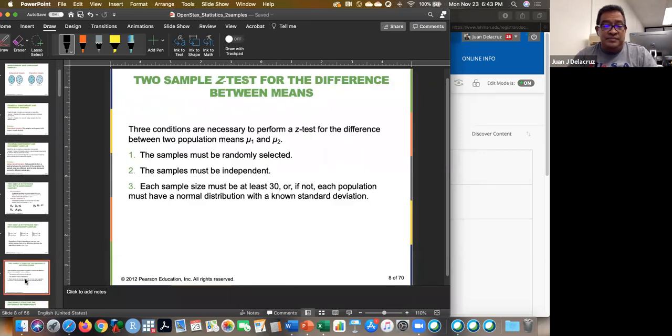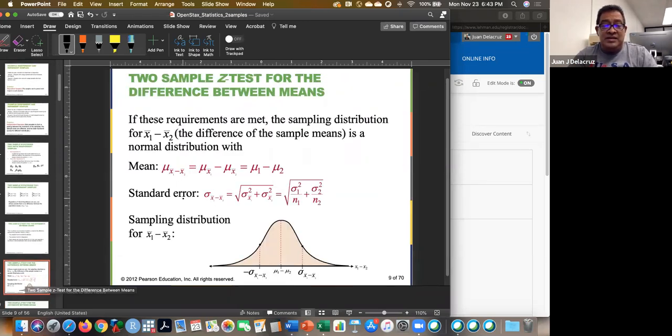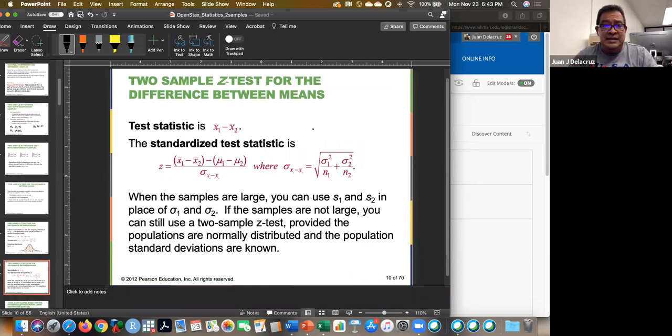So in this case, let me show you, the standardized test is going to be the difference between the observed sample mean for sample 1 and the sample mean for sample 2.